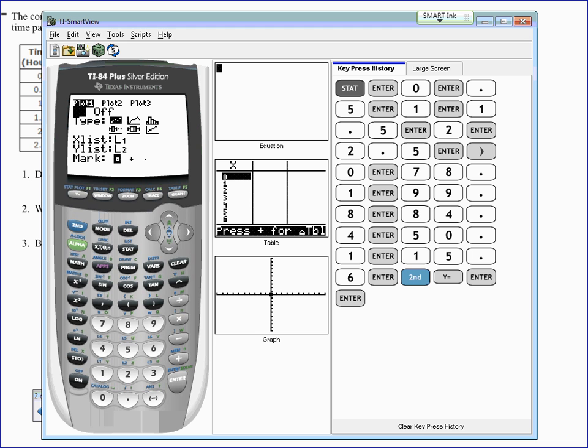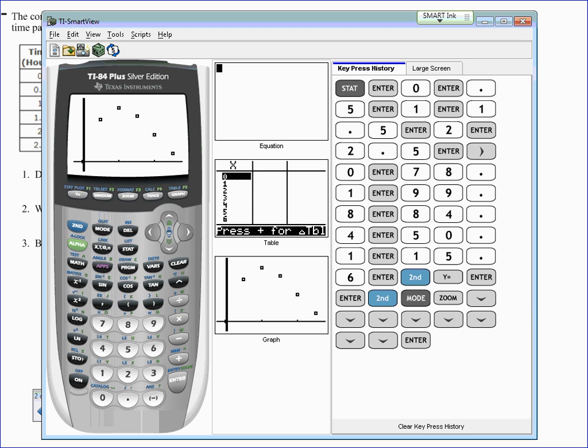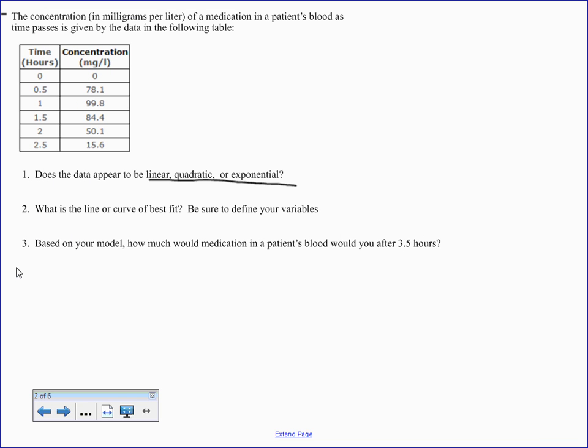We want to make sure we have a scatter plot selected, so we do. So we'll quit out, and then we're going to want to zoom. The number is 9, but I just want you to see that it is zoom stat. And there we see our scatter plot. Now, our choices are linear, quadratic, or exponential, so clearly this is quadratic.